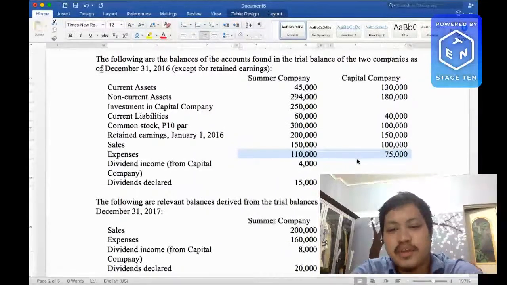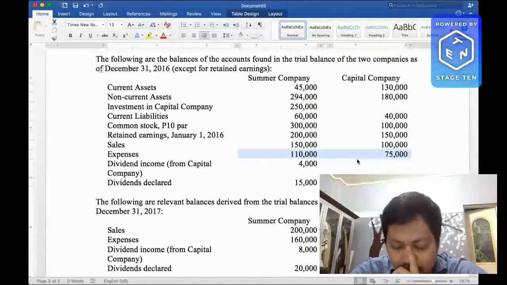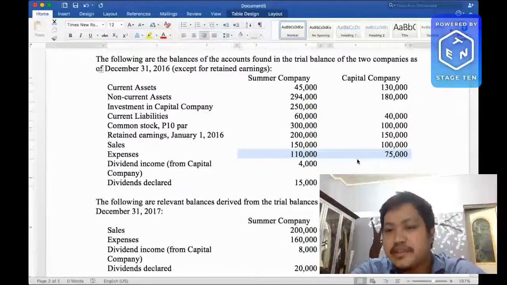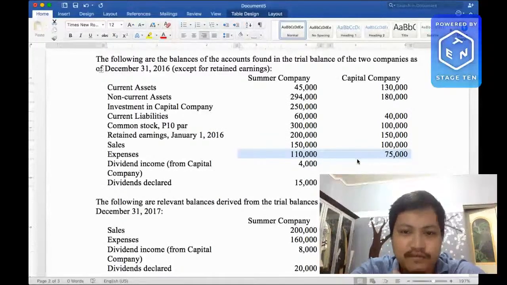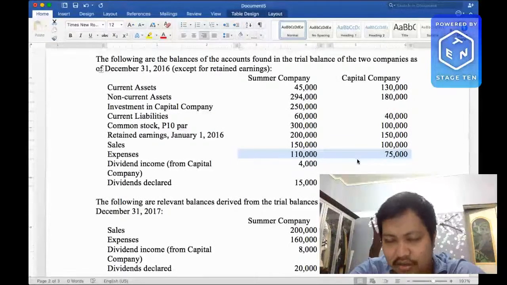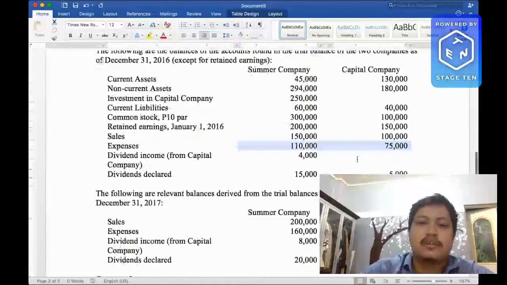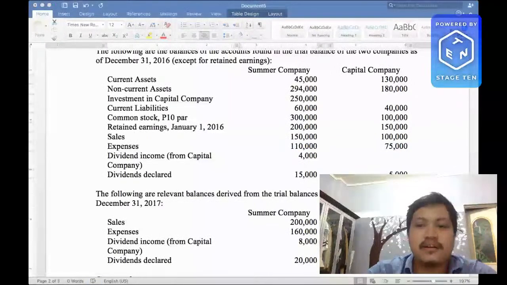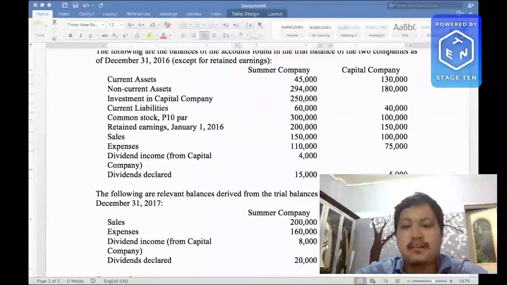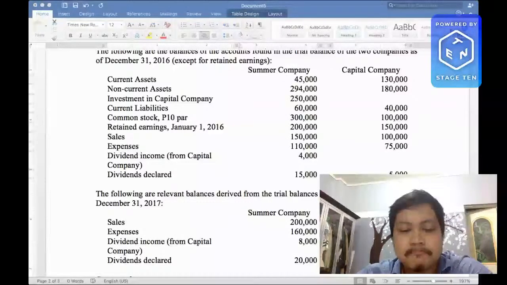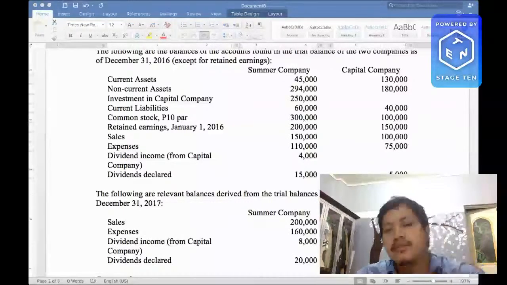Okay, next, what else do we need? The adjusted income of the subsidiary. The subsidiary reported sales of 100, expenses of 75, so it reported a profit of 25. Okay, do we add the 25 to the 40? No, because the consolidated entity does not agree that the income of the subsidiary is 25,000. Just go back to our adjustment, class.